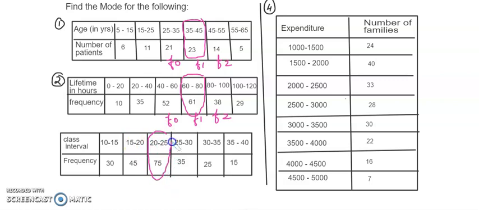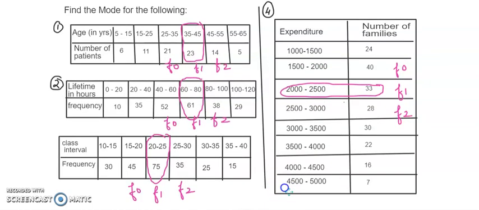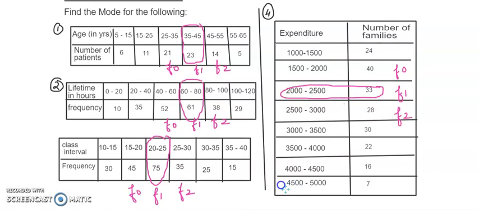Yes, the 75, that's the maximum number. So this will be F1, this will be F2, the succeeding, and the preceding will be F0. Similarly, in this one the highest frequency will be 33. So this is our F1, this is our F0, and this is our F2. So use the formula and find your mode. Thank you.